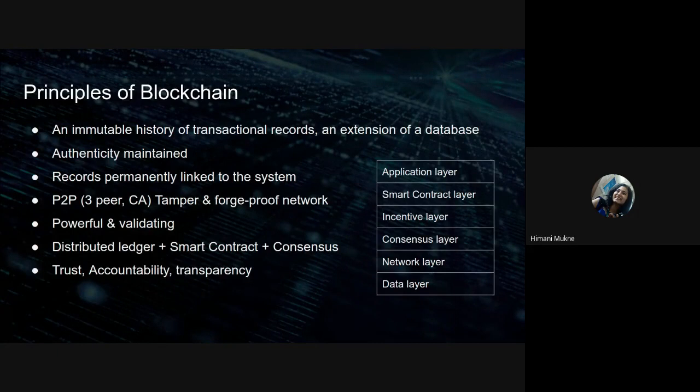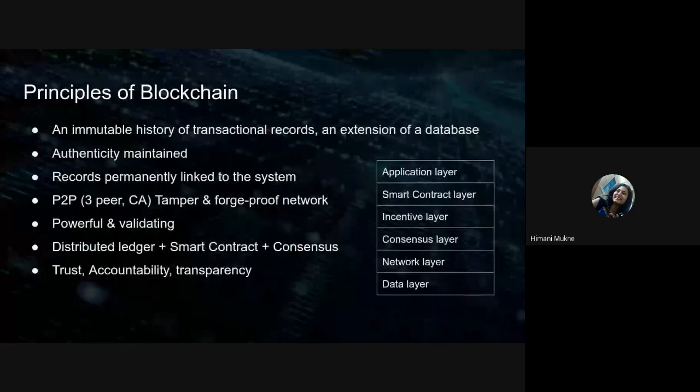Next, we have the consensus layer, through which, like I said, we maintain the state of the blockchain across all the participants. We have different consensus algorithms that we'll, I think, cover in the next slide. And the next layer is network layer. So this is the basic framework of blockchain. It's the basic peer-to-peer architecture of every single blockchain.